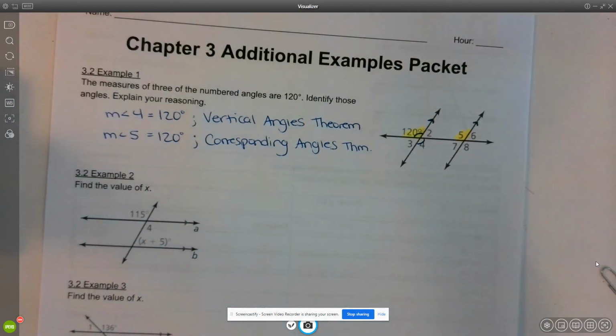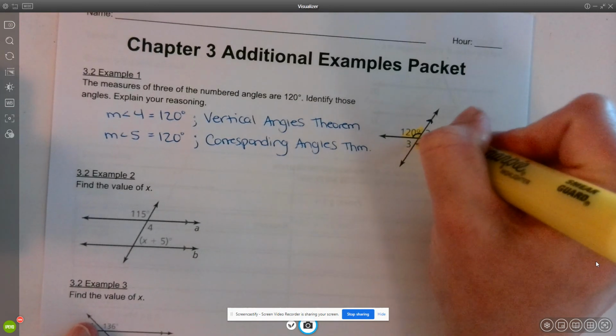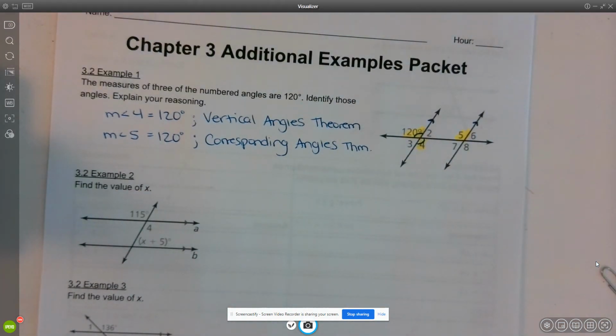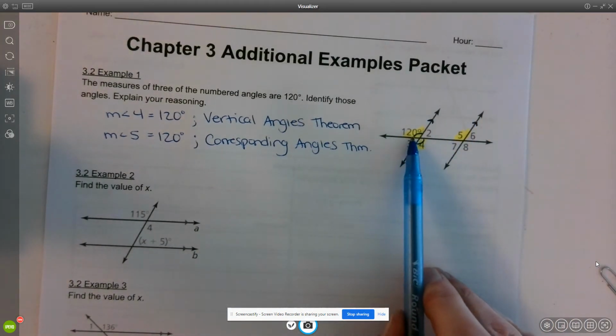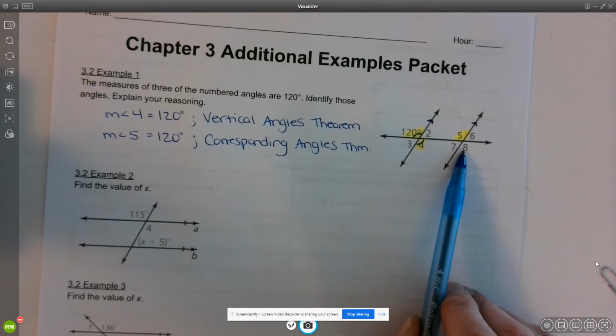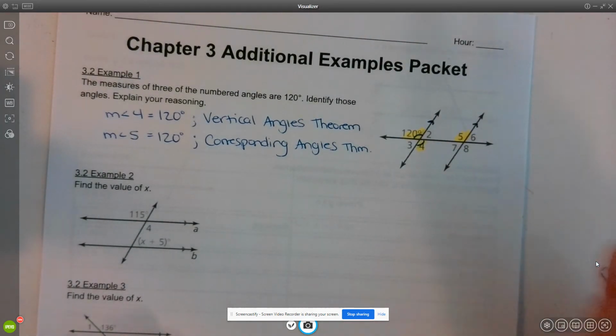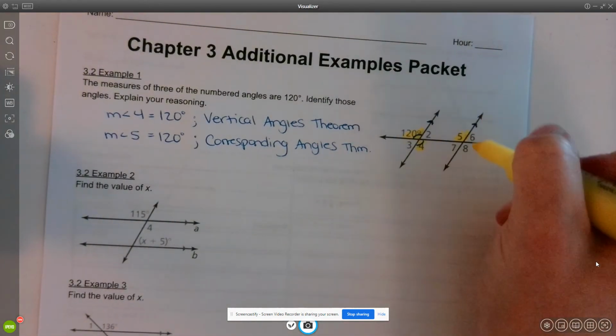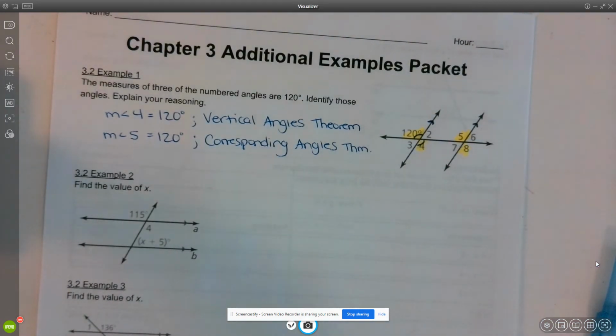So I'm going to go ahead and highlight all the angles that were 120. There's one more in here that's 120. Now there's different ways you can go about finding it, but I know that angle 8 must also be 120 degrees because it is an alternate exterior angle, right?